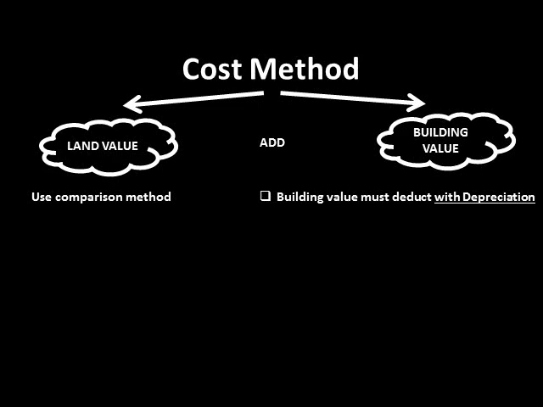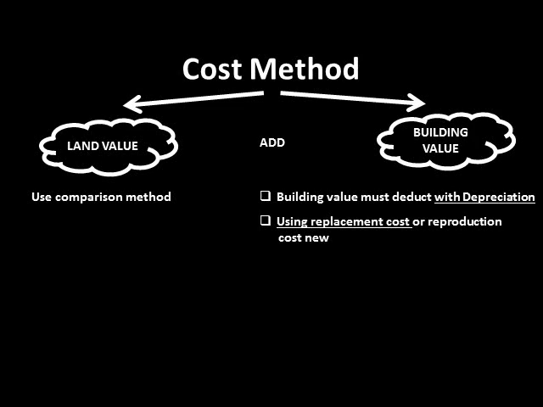Now, how to get the building value? Actually there are two bases, two indicators, to get the building value. Either you use replacement cost or reproduction cost new.